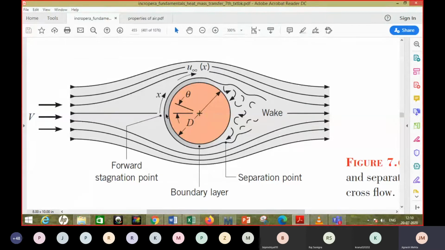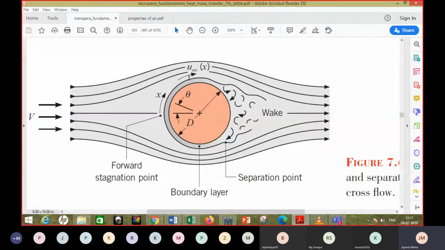But then they will change the direction of their path, and as shown here, they will start moving in this direction, that is along the periphery of the cylinder. Whatever we are discussing is now inside the boundary layer only.